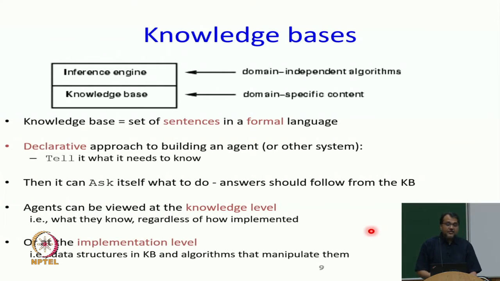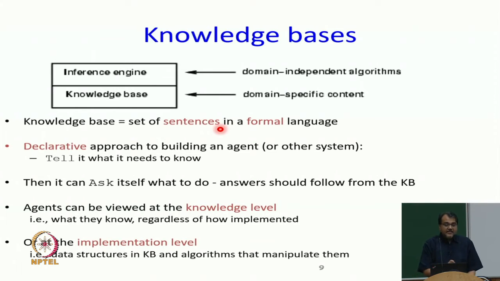So, as the slide says, the knowledge base is the set of sentences written in a formal language. And where does this language come from? It comes from the syntax of the particular underlying logical representation that we are using. This would be declarative.